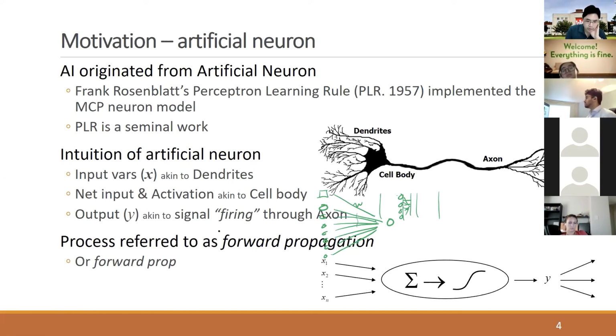All right, I'll stop there. Then this process that feeds the information from left to right, from input layer all the way to output layer, it's the forward prop process.